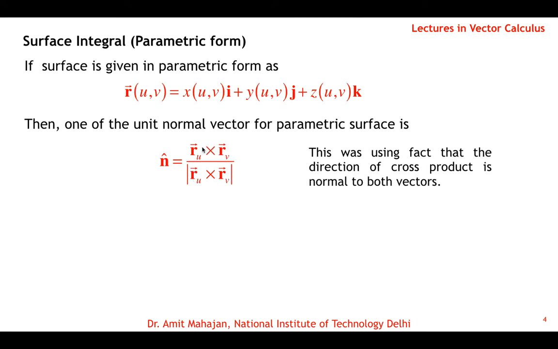Because r derivative u and r derivative v are tangents, the cross product is always in the normal direction, so it immediately gives you the normal vector, and if we divide by the magnitude, it will be the unit normal vector.